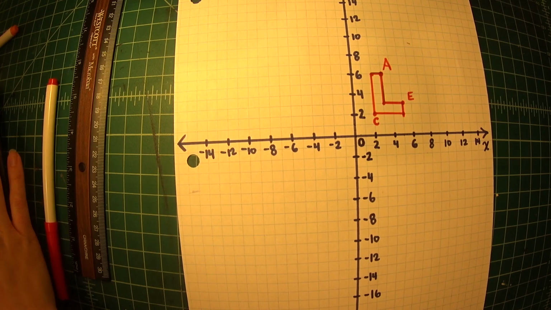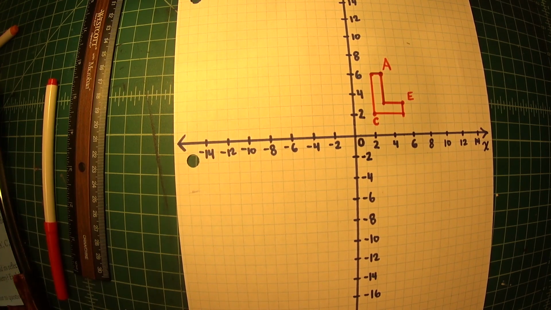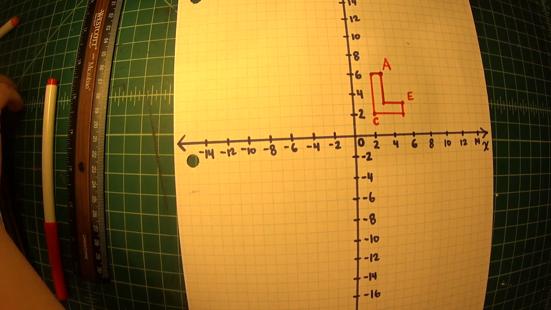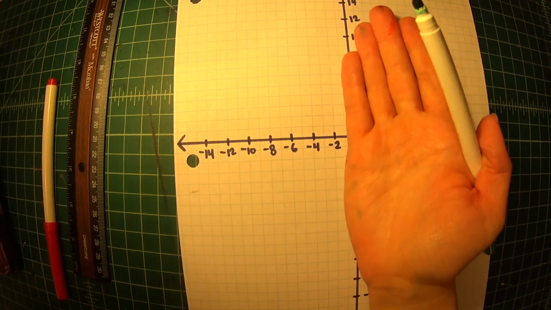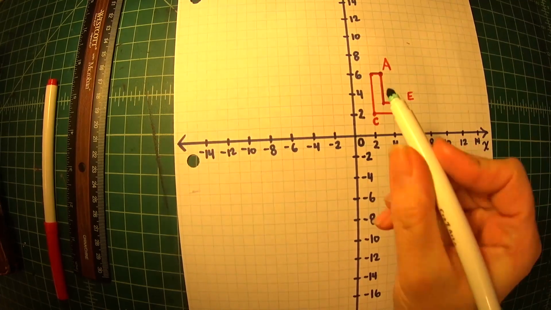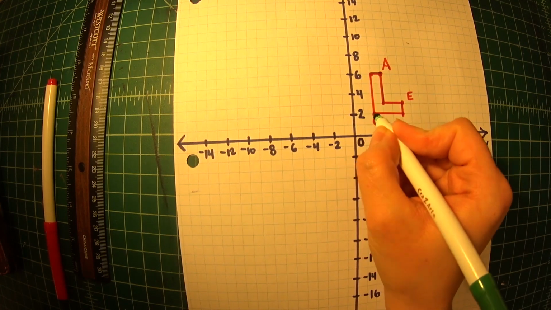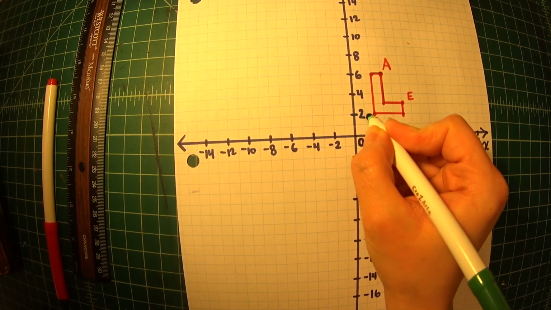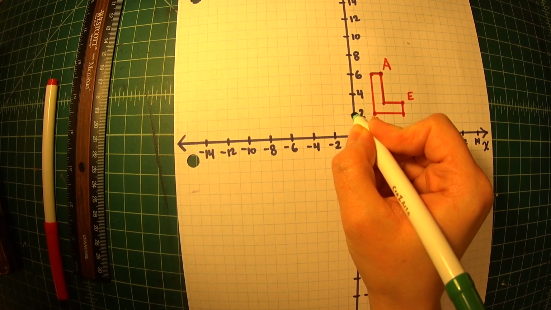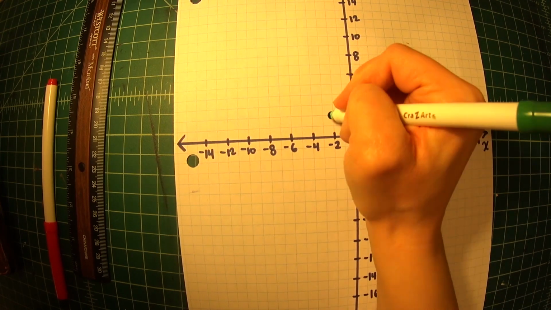Okay, so let's draw this reflection over the y-axis. So the way that we do this is, remember, we're flipping it over here. So we just have to count how far away from the y-axis each of these 3 points is. So C is 1, 2 spaces away. So on the other side we count 1, 2 spaces.